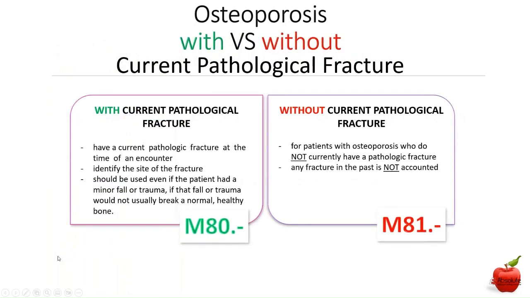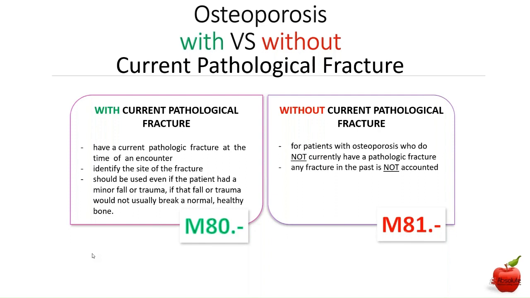Osteoporosis with versus without a current pathological fracture. What is the difference with a current pathological fracture? If the patient has a current pathological fracture at the time of the encounter, you're going to identify the site of the fracture, and this code, M80 point whatever will follow, should be used even if the patient had a minor fall or trauma.